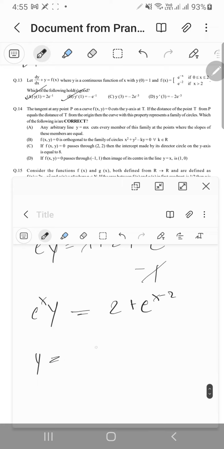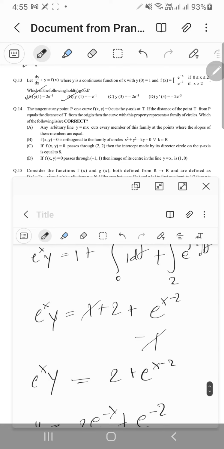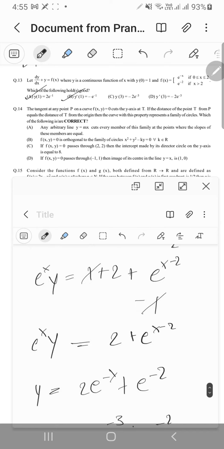So y equal to something like this. Okay, and then we just want to find what is y of 3 and y dash of 3. Well, y of 3 would be 2 e power negative 3 plus e power negative 2, right?